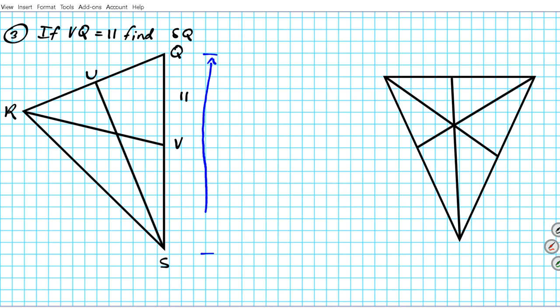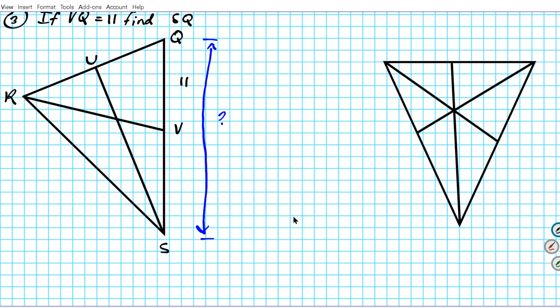Okay, so what we're going to do first of all is write down the relationship between the side that we're given and the side that we need to find. So which segment are we going to be considering here? RV.